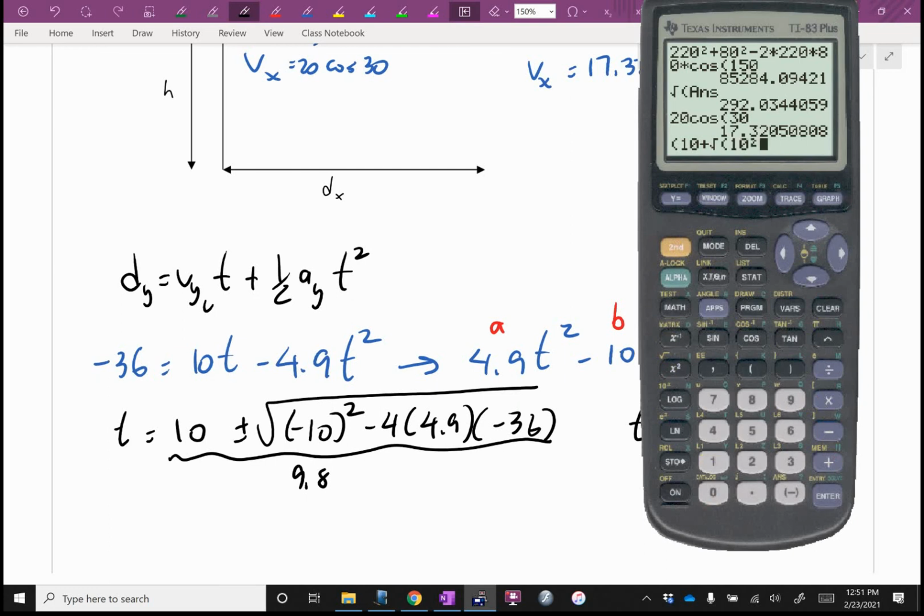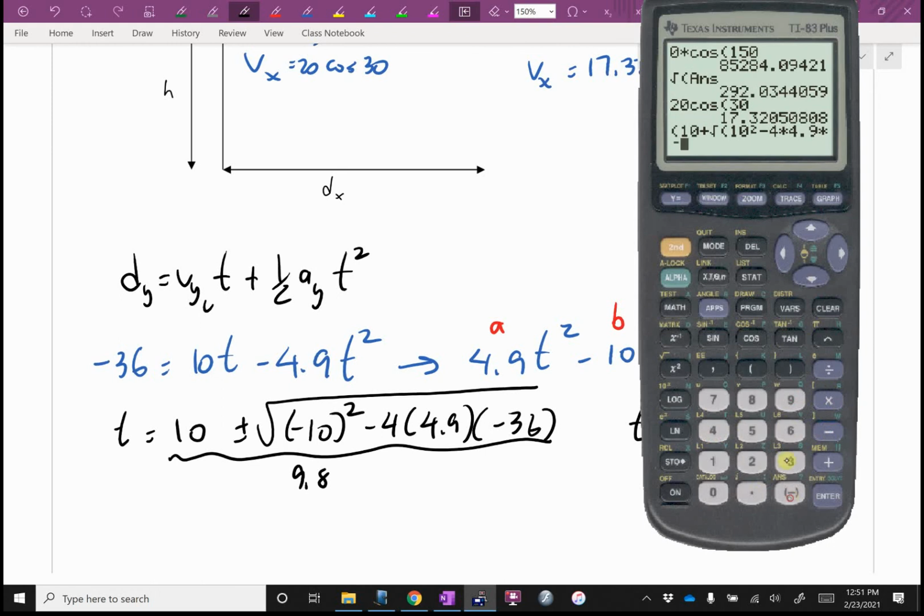I didn't bother typing the negative 10 inside the square root because the negative is going to get squared anyways, so who cares? Minus 4 times 4.9 times negative 36. Close off the square root, close off the top, divided by 9.8. Check for typos. Negative b plus or minus the square root of b squared minus 4ac. That looks good. Do you get 3.9166 seconds as one of your values?